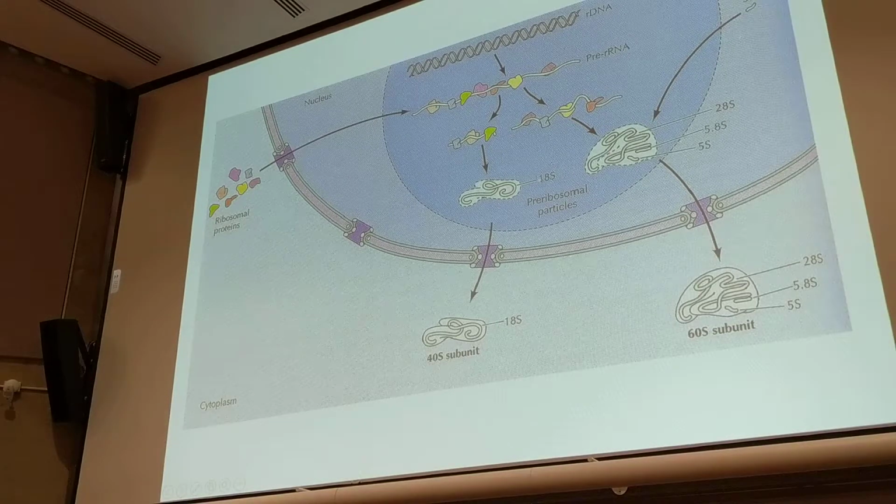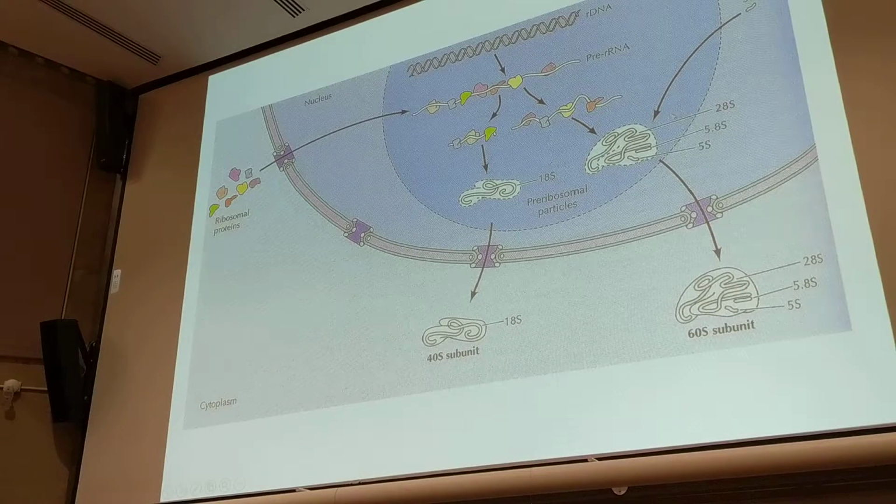It turns into the 18S and the 28S and the 5.8S. This is a sedimentation kind of designation. 5S comes from outside.